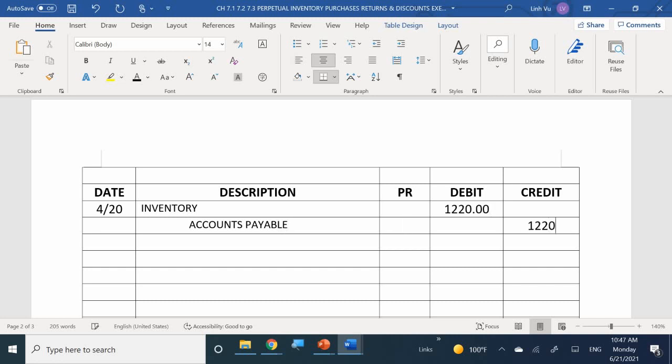And I'm also going to make a note here, because we're making a purchase of inventory, that we purchased 200 units at $6 each.